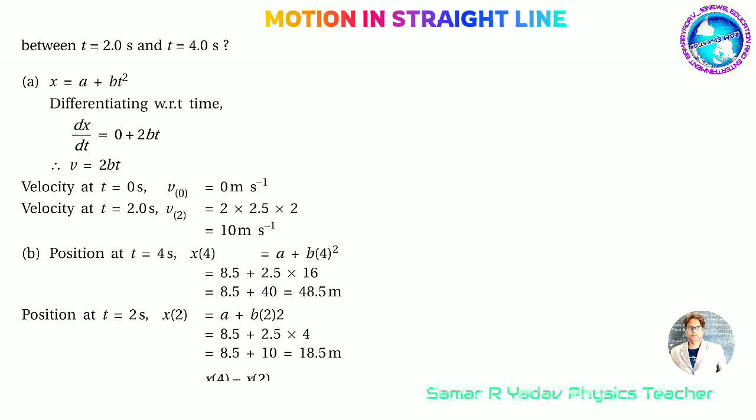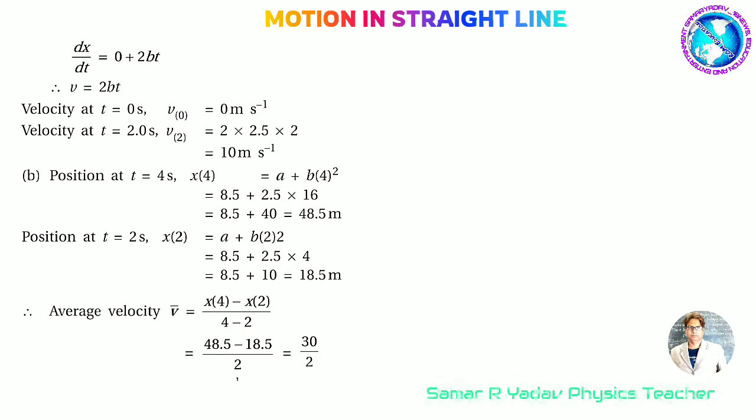B, position at t is equal to 4 seconds. x4 is equal to a plus b (4) whole squared is equal to 8.5 plus 2.5 into 16 is equal to 8.5 plus 40 is equal to 48.5 meter.